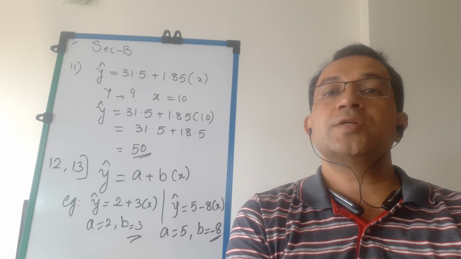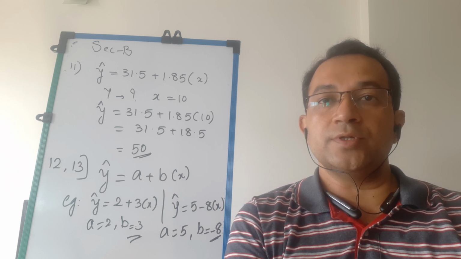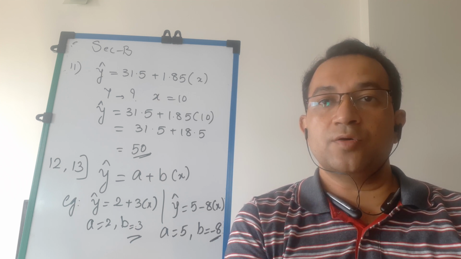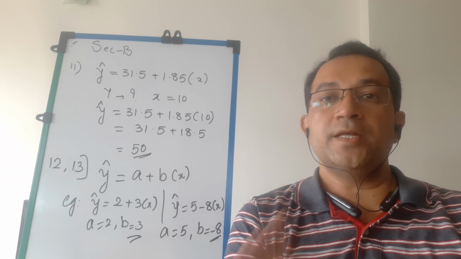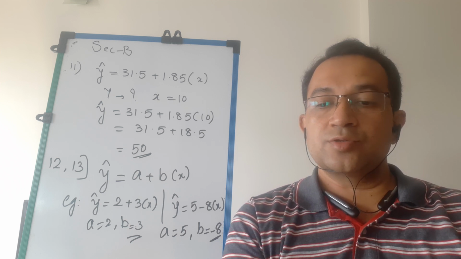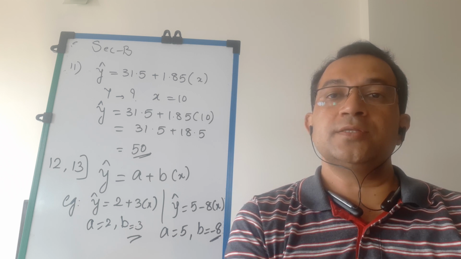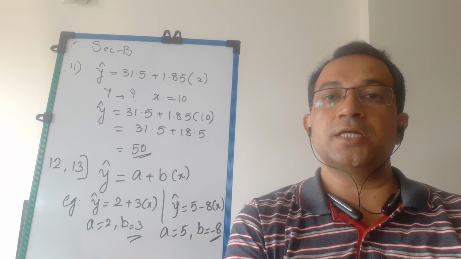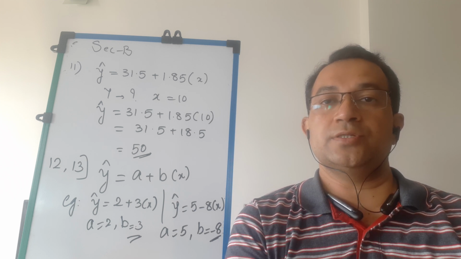So if your regression coefficient b is positive, it indirectly implies r is plus 1. If b is negative, it implies r is equal to minus 1. So now, if you understand this logic, your VSQ 12 and 13 require no calculations.